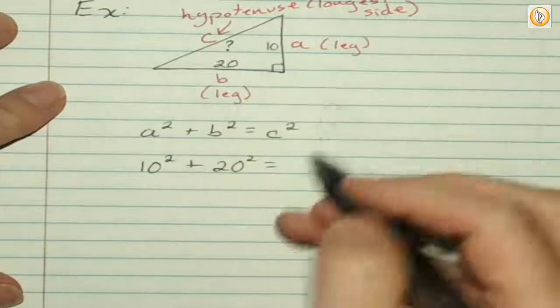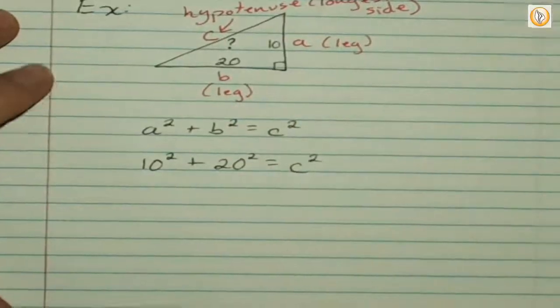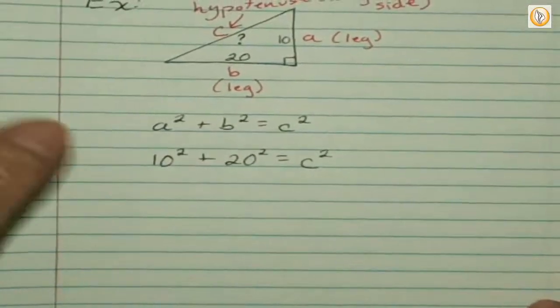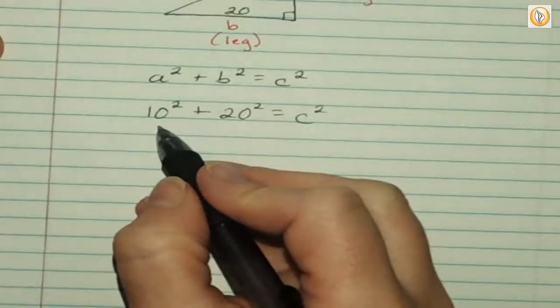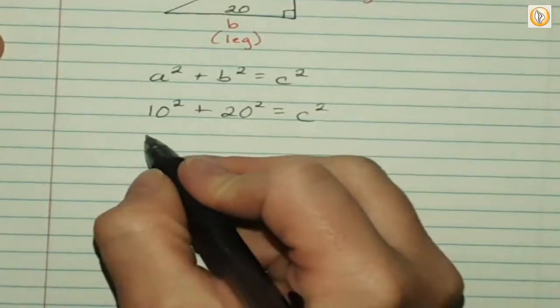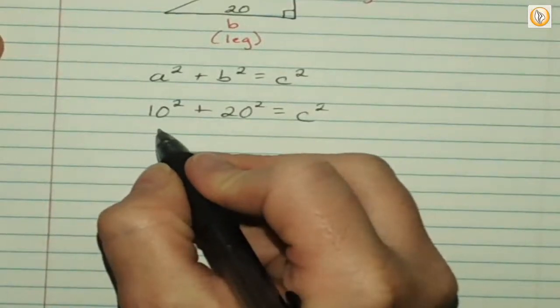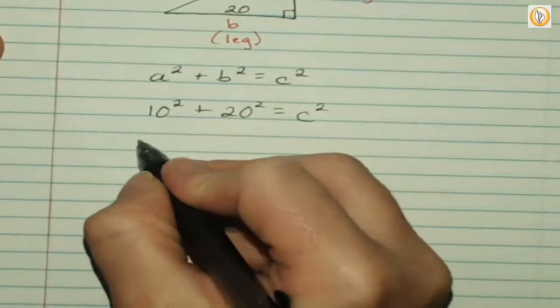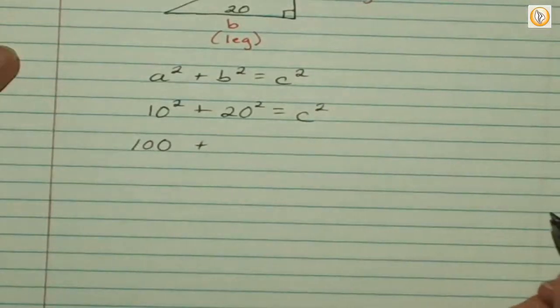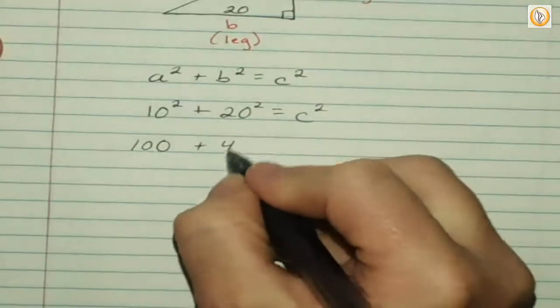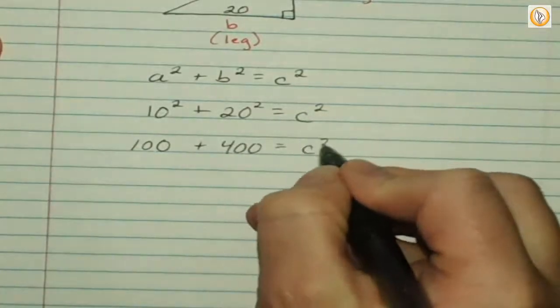We don't know what C is, so we're just going to say C squared. What is 10 squared, Morgan? 100. Very good. Sorry, I had radicals on my mind. I was like, wait, but that's not a perfect square. No. 20 squared. Franz? 400. Very good. Equals C squared.